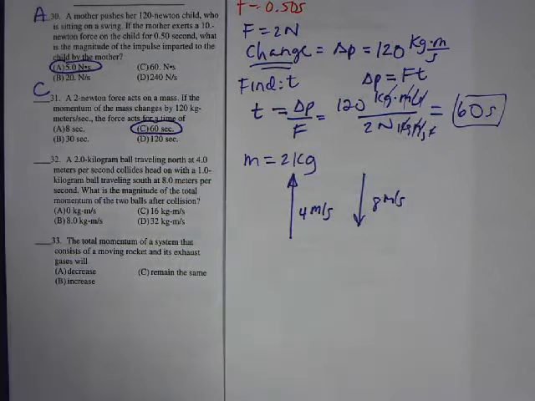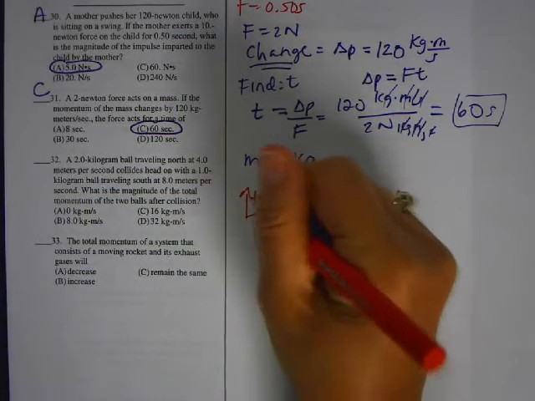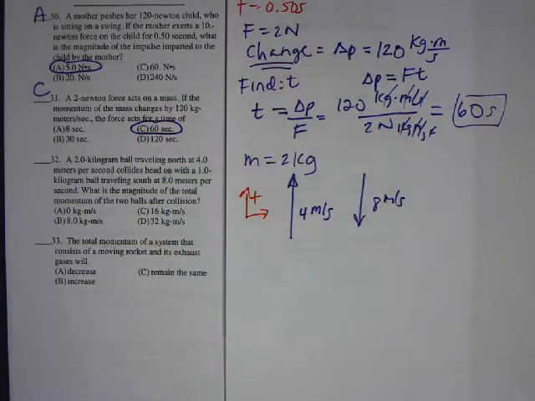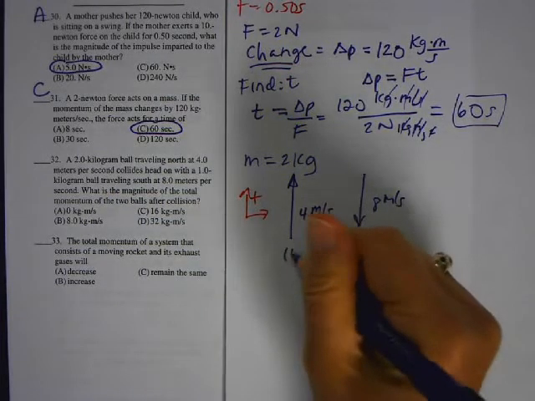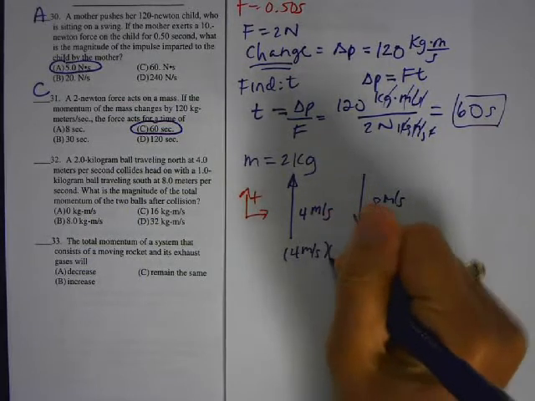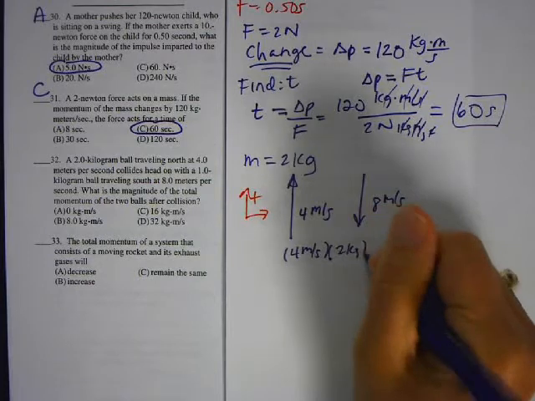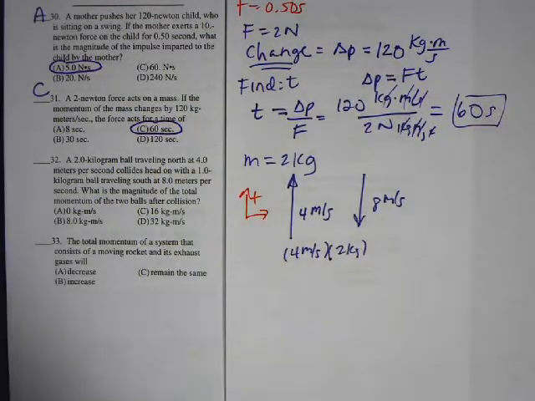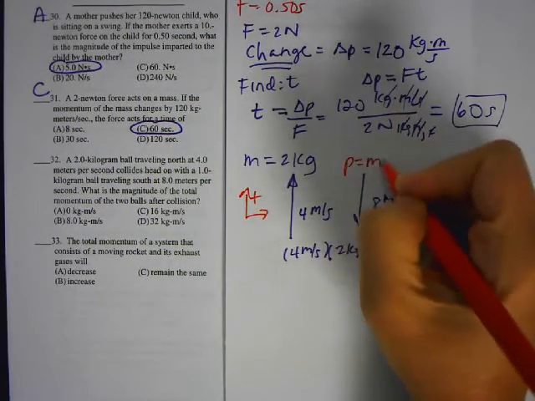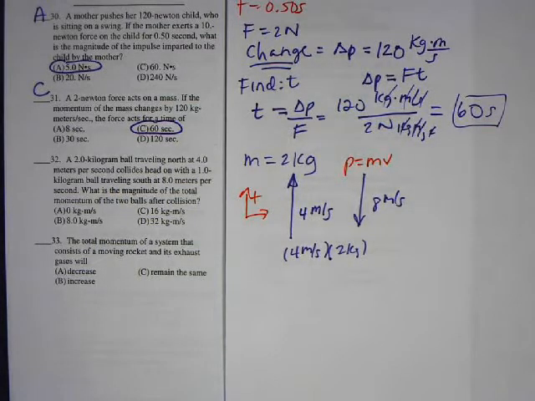So I'm going to use my standard Cartesian sign convention that says up and to the right is positive. So what is my momentum? Well, the first one is 4 meters per second times 2 kilograms. That's my momentum because P is equal to mass times velocity.